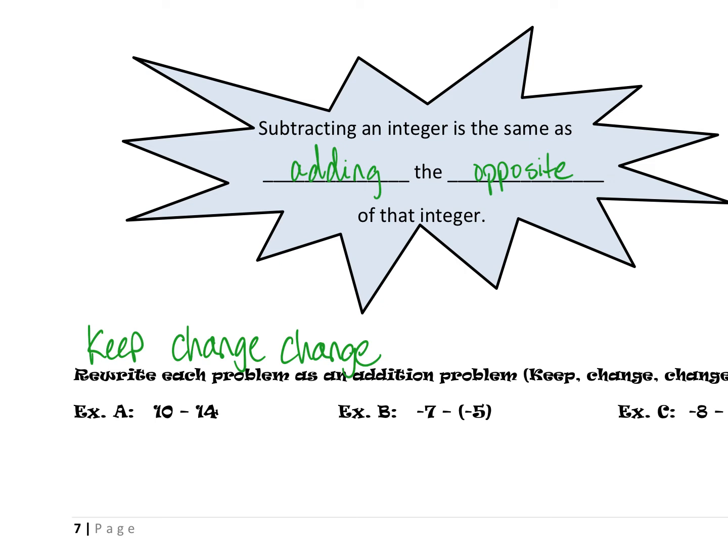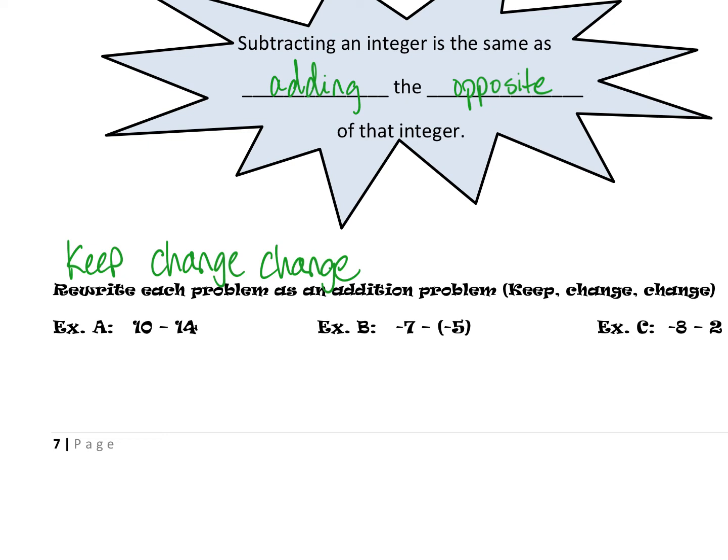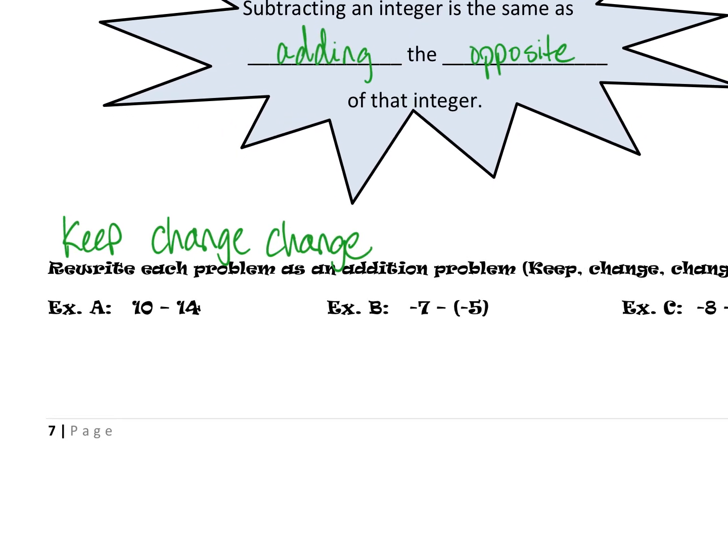If it's a positive number, we're going to make it a negative. If it's a negative number, we're going to make it a positive number. It's kind of like the keep, change, flip in division, but this one is keep, change, change, and this is for subtraction. Once we do that, we already know how to do addition problems, so we don't have to learn new rules for subtraction. We're going to use our addition rules once we convert them into addition problems. So let's do these examples together.